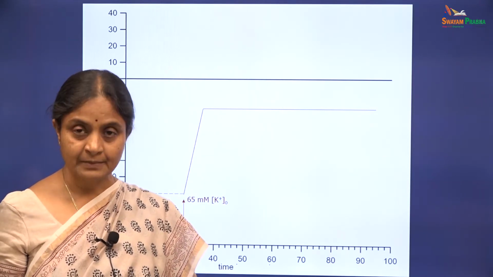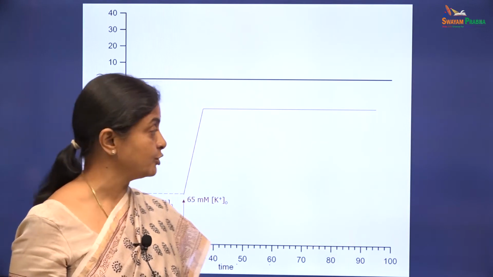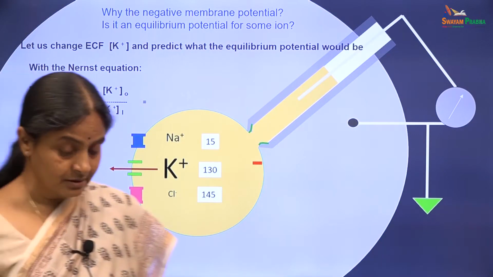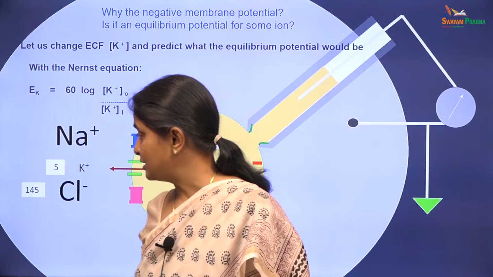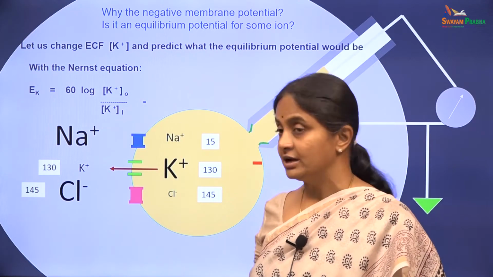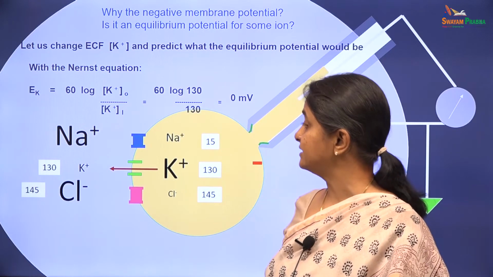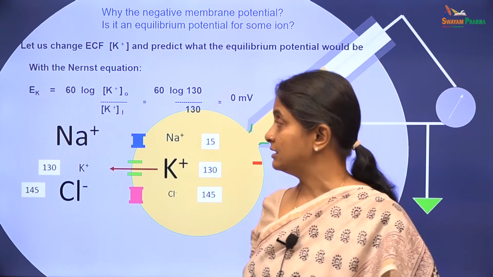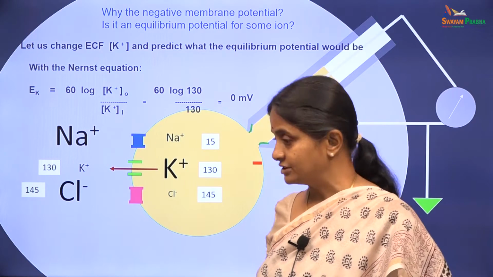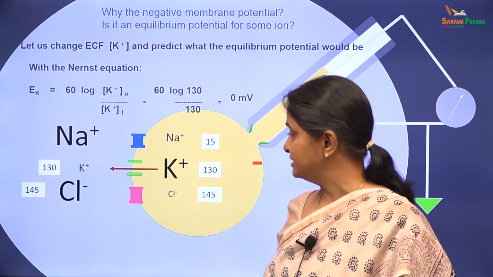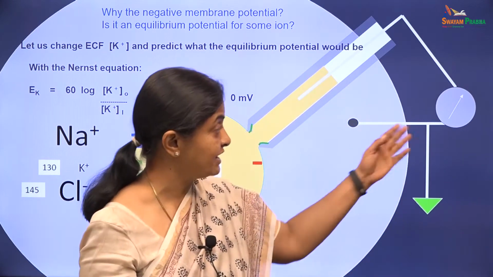rest. We can extend the experiment like for chloride. We can increase potassium outside to 130, make the potassium concentrations equal on either side, and then we expect the potential difference to neutralize or the membrane to completely depolarize. That's indeed what will happen.